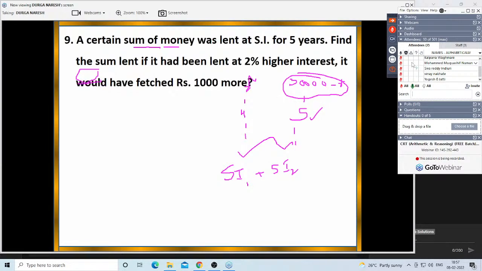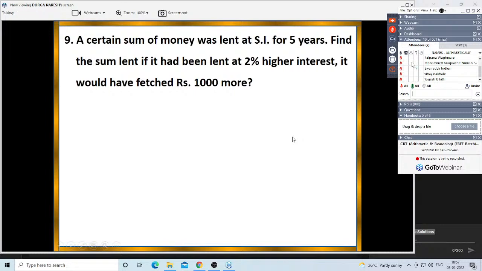Another one. A certain sum of money was lent at simple interest for 5 years.